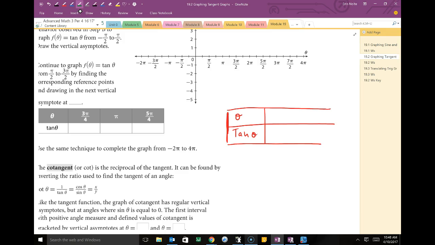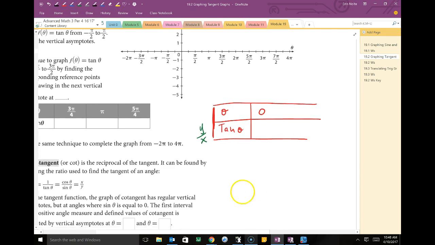Okay, so on your unit circle, when you're working with tangent, how do you figure out what tangent is? Y over x. Okay. So all we're going to do is rotate around the circle, and we're going to do y over x. So the first spot is 0 radians.